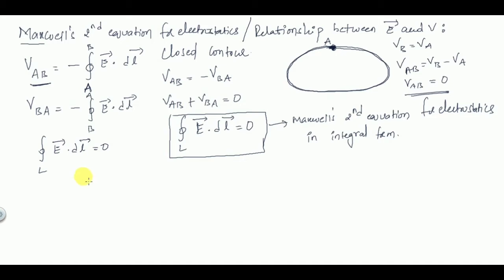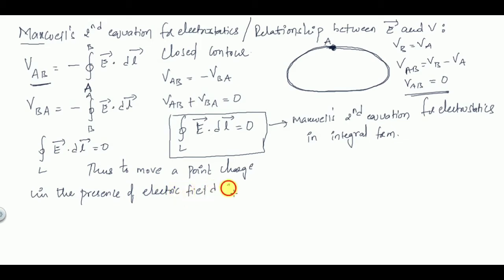So what does it represent? If you write in theoretical form, thus to move a point charge in the presence of electric field in a closed path, this is very, very important.